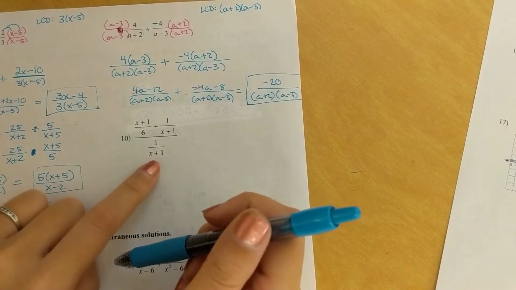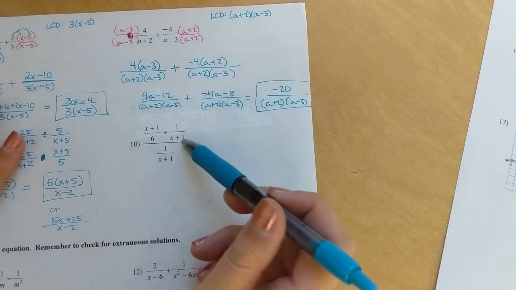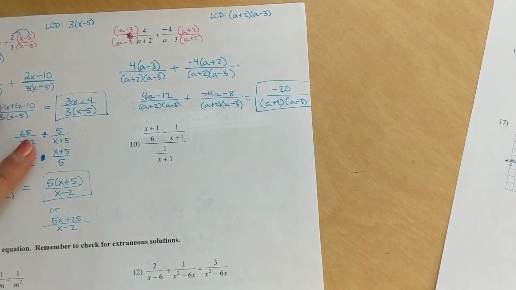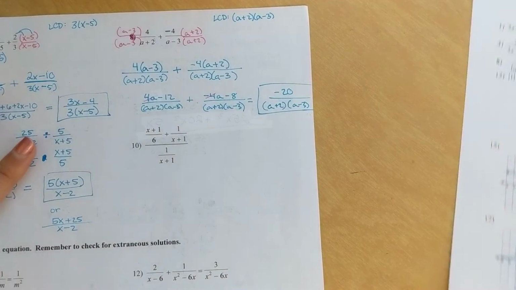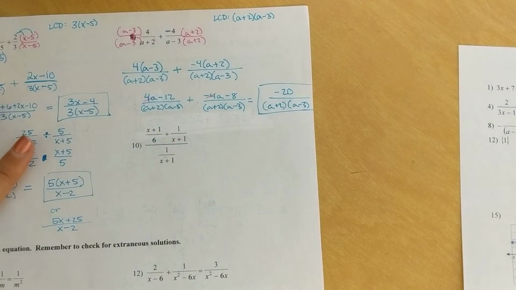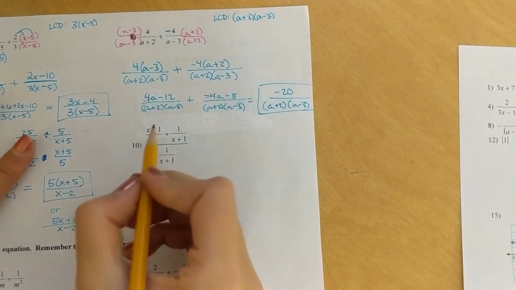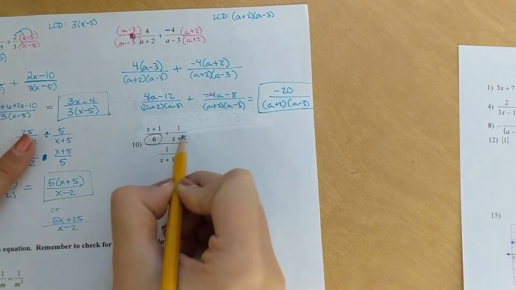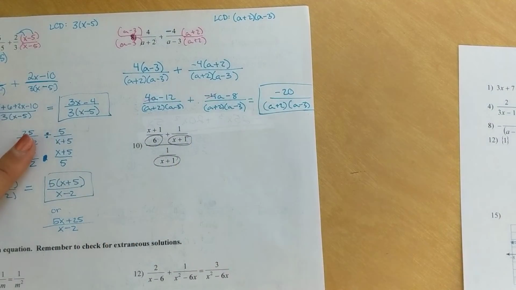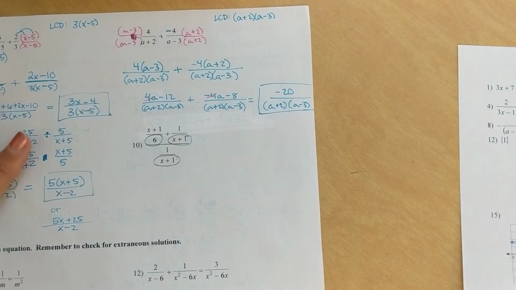So what we're going to do is actually find the LCD, and then multiply everything by the LCD to reduce. And when I say that, I mean we're going to multiply by a special form of the number 1, because that's all we're allowed to do. But yeah, so 6 and x plus 1 and x plus 1, those are my three miniature denominators, and that's where I'm getting the LCD from.